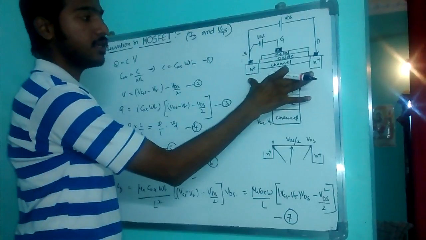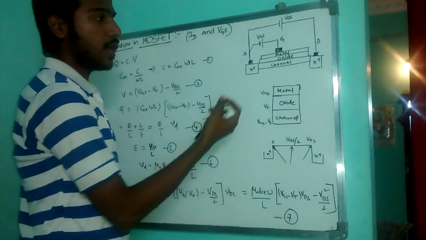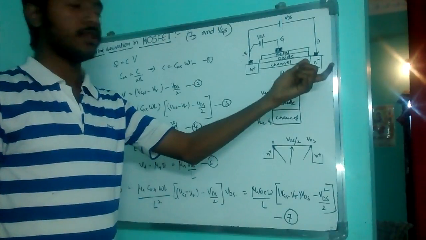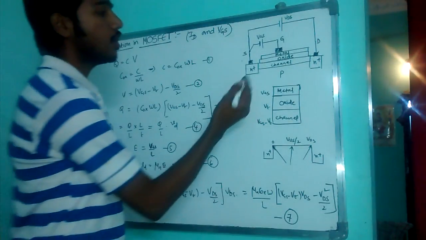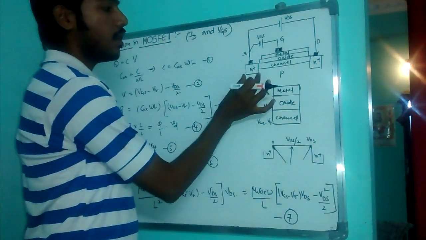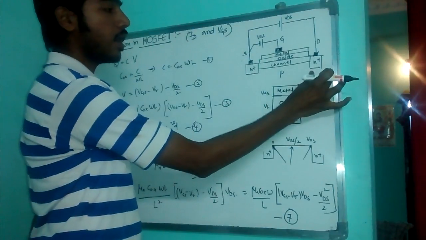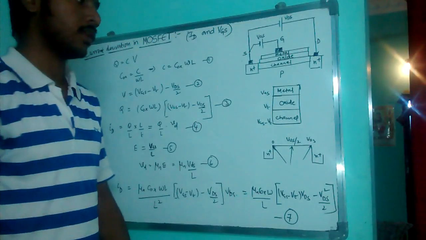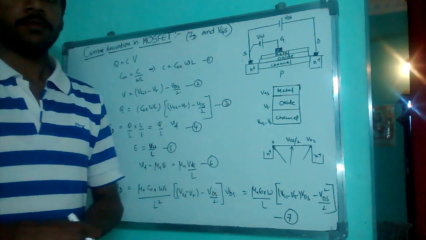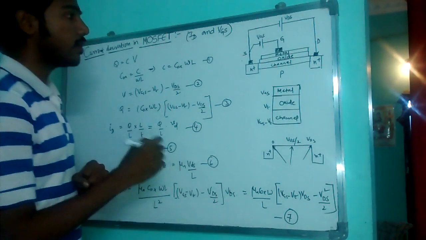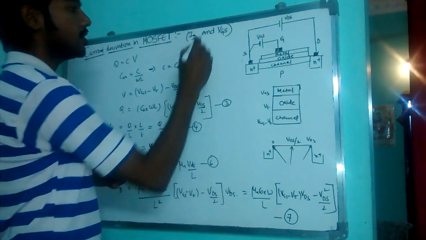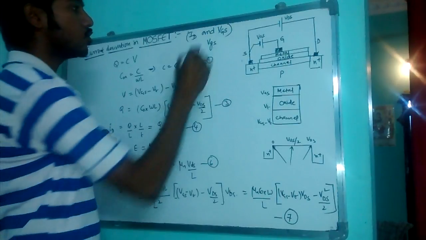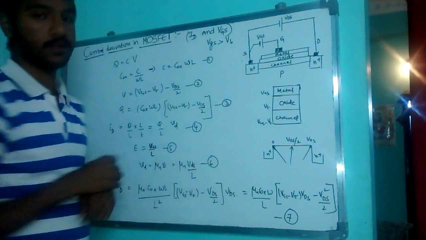Now as you can see in this figure, this is an N MOSFET, so both the source and drain are N-type materials and the body, the substrate, is a P-type material. The main condition for forming the channel is that VGS, the gate to source voltage, should be greater than VT.